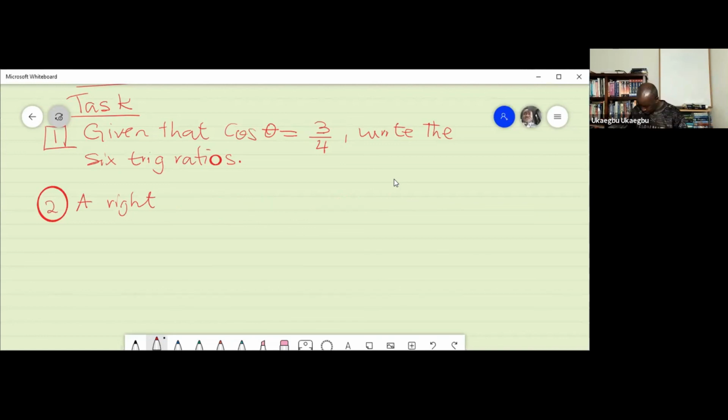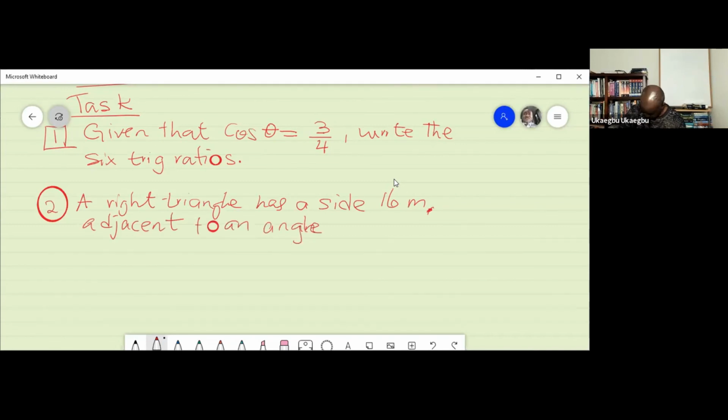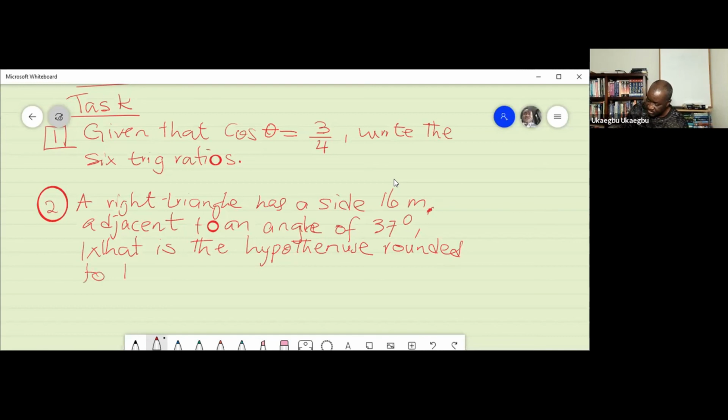This 16 meters is adjacent to an angle of 37 degrees. So the question is, what is the hypotenuse, rounded to the nearest whole number? So that's the question.